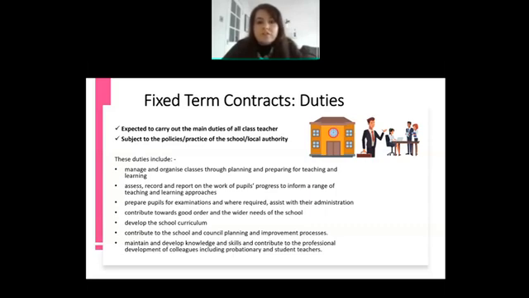These duties can be found on the slide and include managing and organising classes through planning and preparing for teaching and learning, assessing, recording and reporting on the work of pupils' progress to inform a range of teaching and learning approaches, preparing pupils for examination and, where required, assisting with their administration, contributing towards good order and the wider needs of the school, developing the school curriculum, contributing to the school and council planning and improvement processes, maintaining and developing knowledge and skills, and contributing to the professional development of colleagues, including probationary and student teachers.